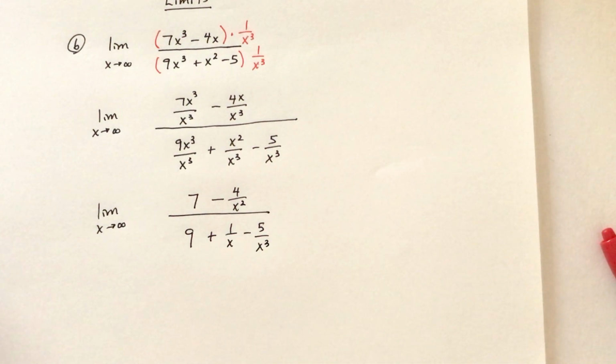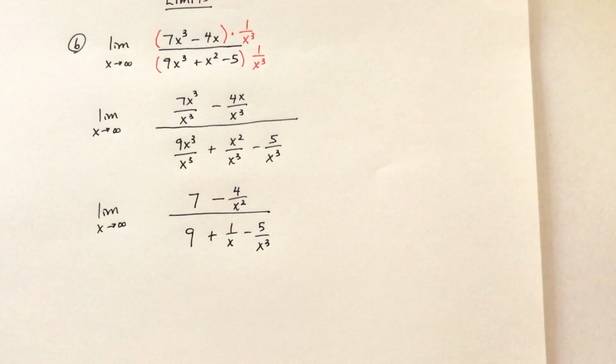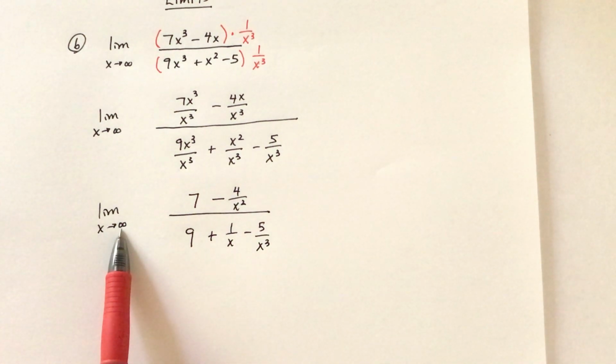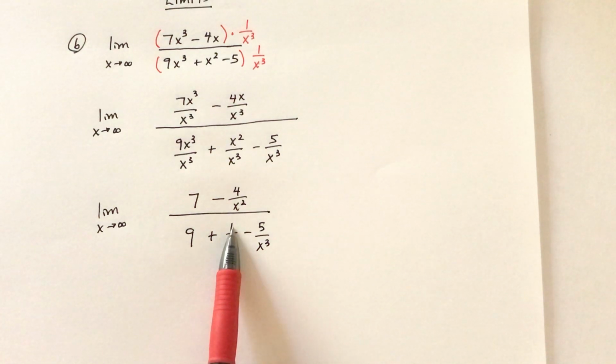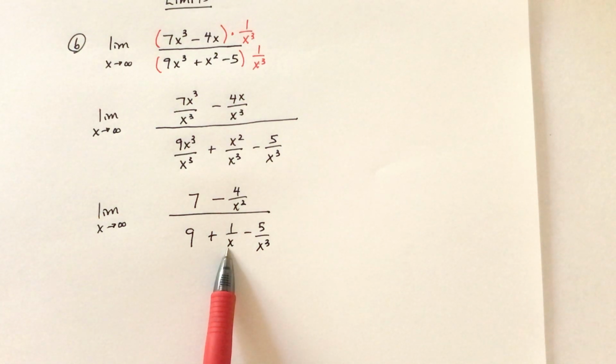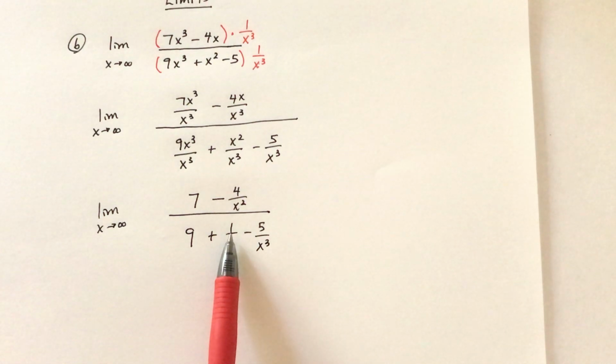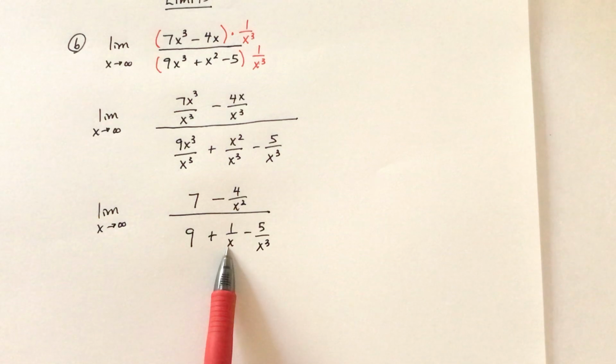All right, we've done the hard part. Now we're almost done. When x goes to infinity, let's just take a look at this one, for example. If you have 1 divided by infinity, that would say take $1 and divide it into an infinite number of pieces. How big is each piece?